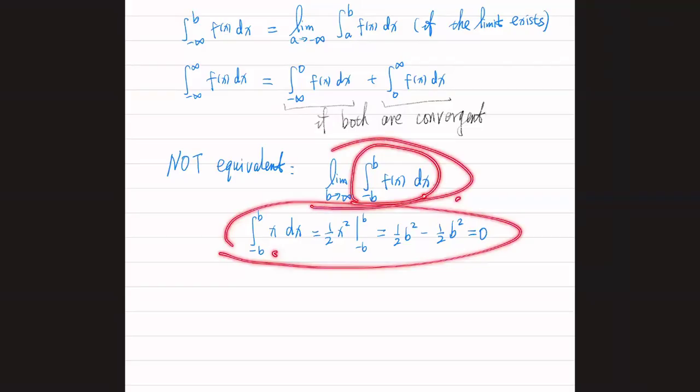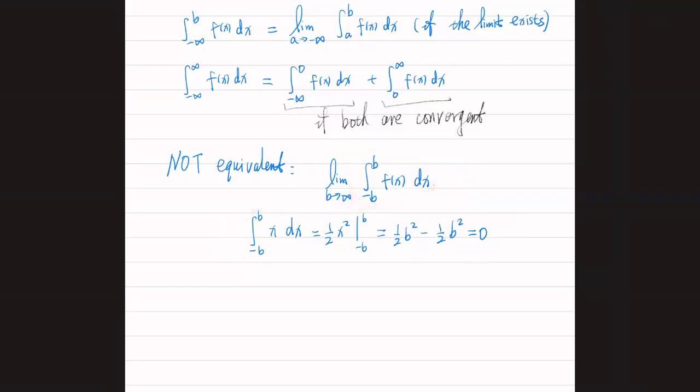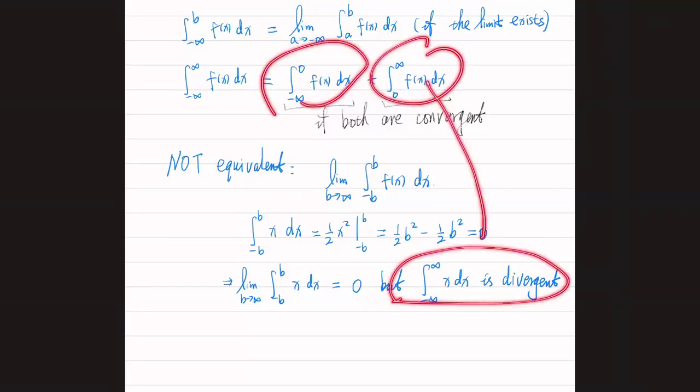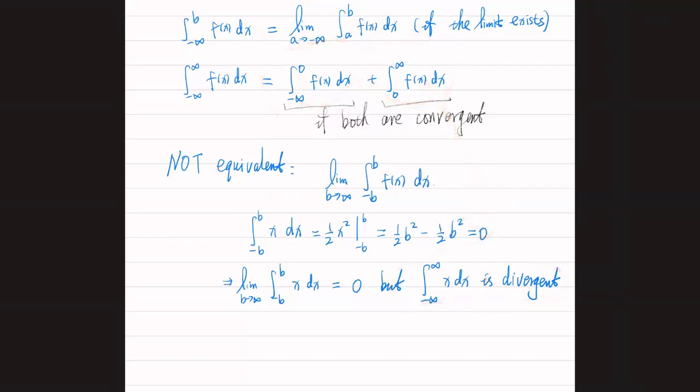In particular, the limit exists. However, the integral is not integrable. So the limit is zero, but the integral is divergent, because if you check the one side integrals, both are divergent.